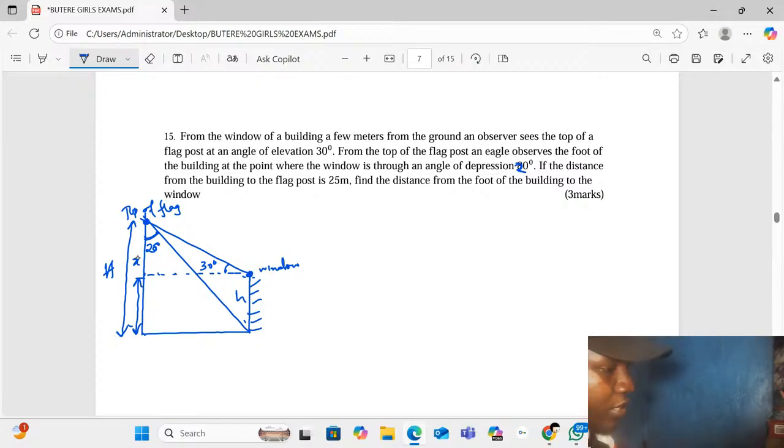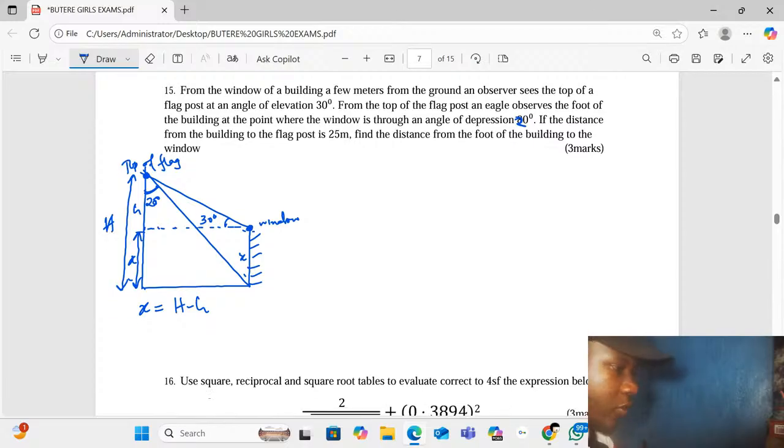Let's call this small h, and this one x. We are looking for the value of x. So x is equal to capital H minus small h.